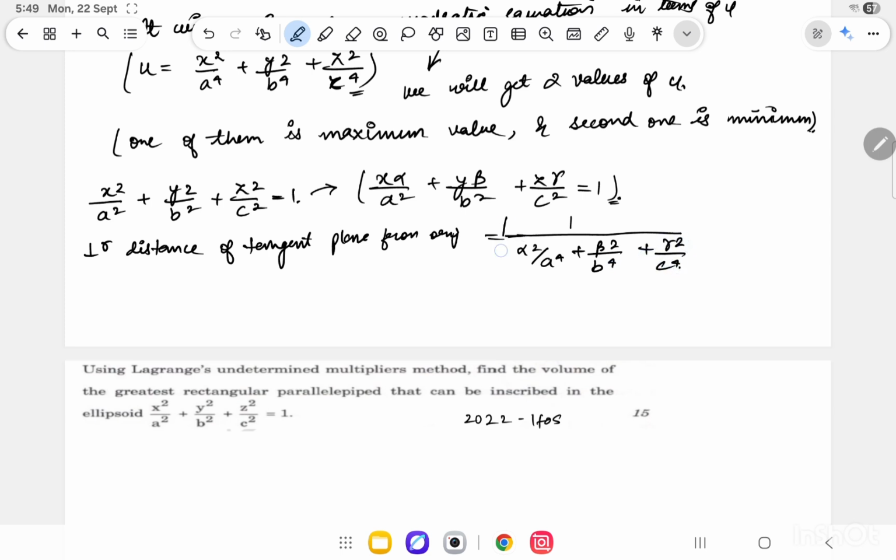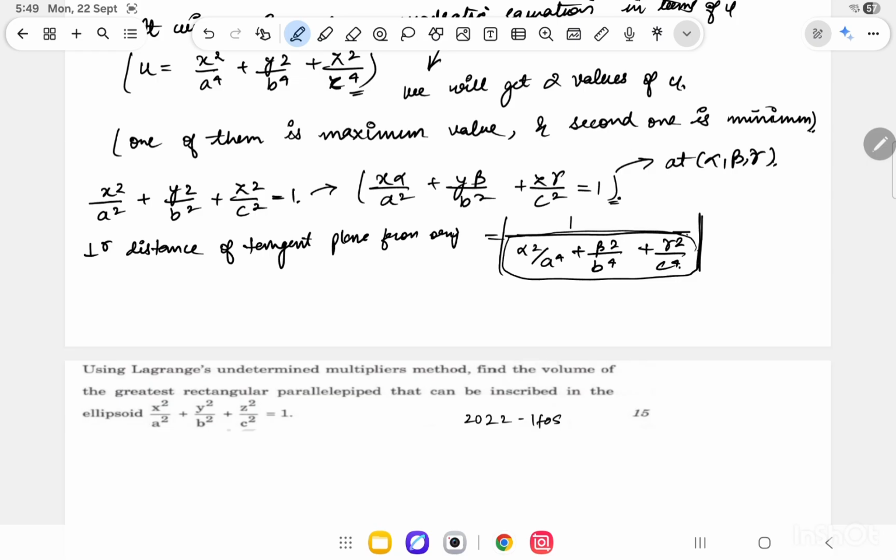This is basically the perpendicular distance of this tangent plane at alpha, beta, gamma from origin. And if you observe, this is basically the value which we are supposed to maximize or minimize.